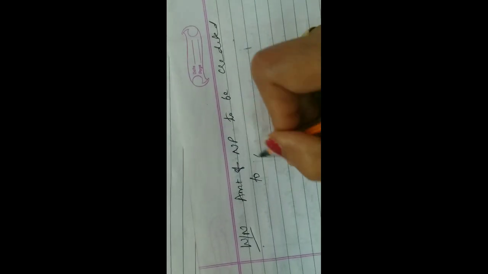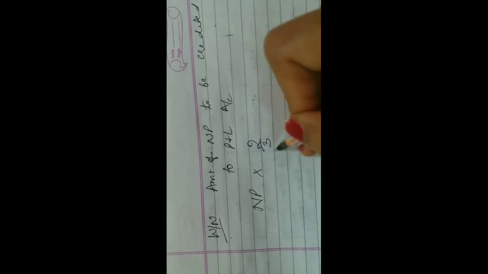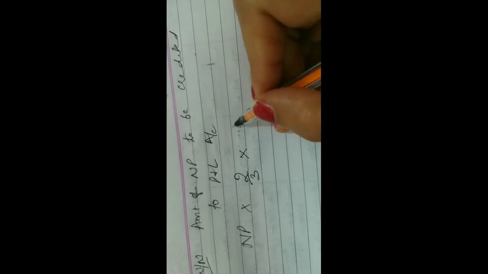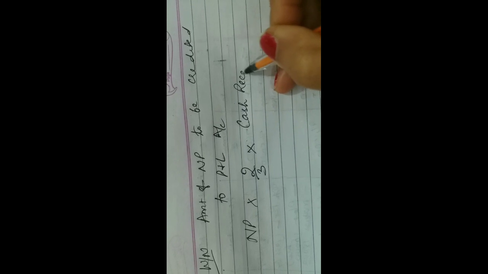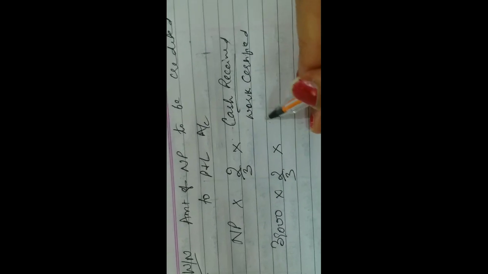amount of notional profit to be credited to P&L account. So what is the formula? Formula is notional profit into 2 by 3. Why 2 by 3? Because the percentage completion stage of contract is more than 50%. So into cash received divided by work certified. So notional profit in our question is 39,000 into 2 by 3 into cash received.